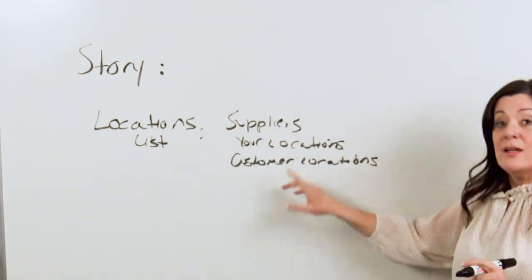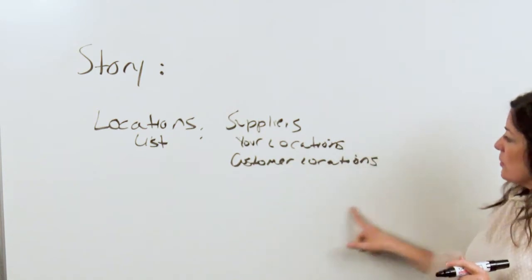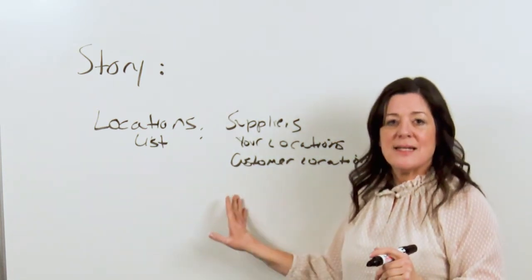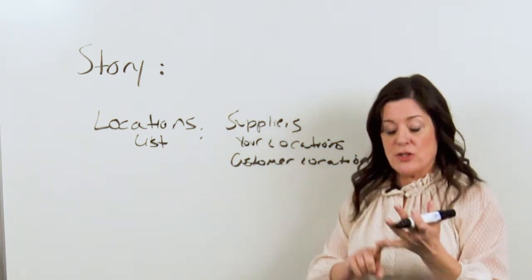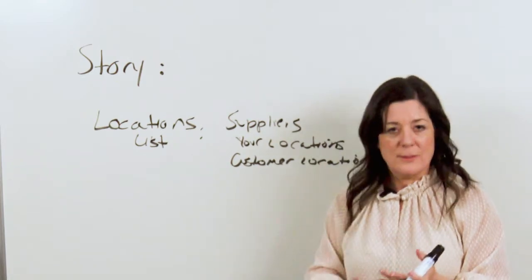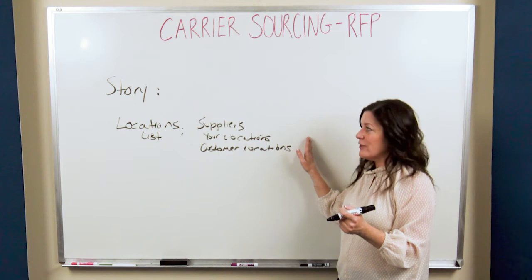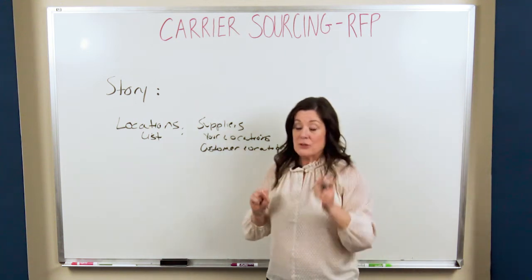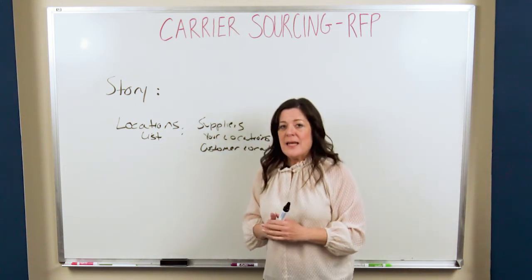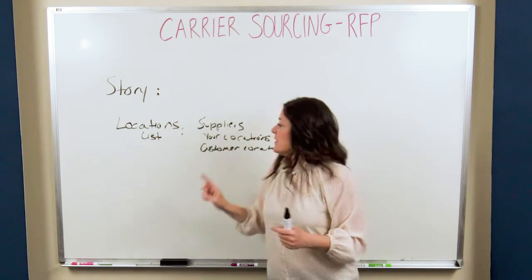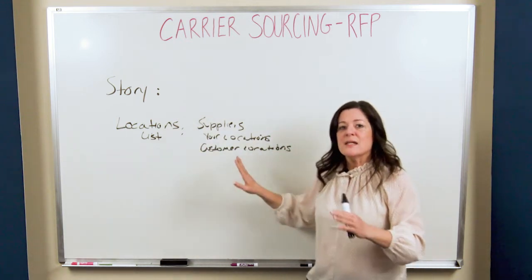And if you're doing it really well, you may even, at this location level, give them the parameters around the shipping and receiving hours or dock appointments required. If you can manage all that in a locations list for your carriers in your bid outline, you're in a really, really good spot.